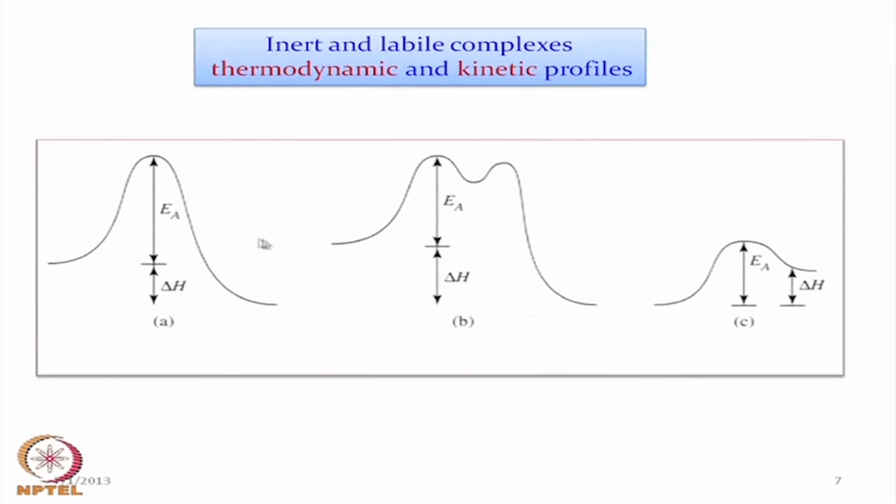So, when we have these things, that means the corresponding reactions, one we are considering as the dissociative path, another we are considering as the associative path.